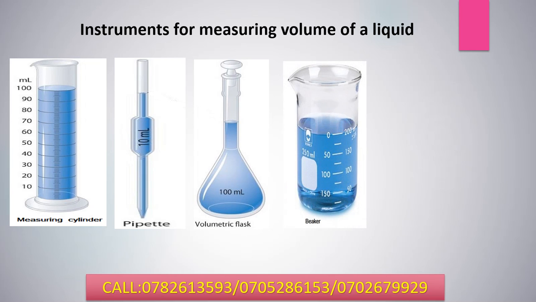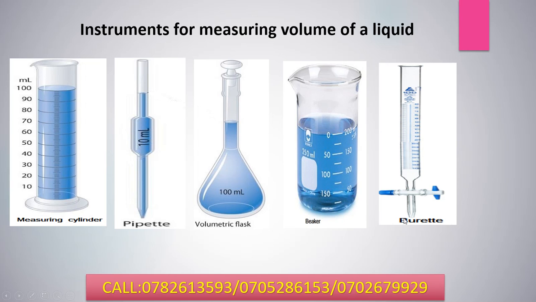You can have a beaker. A beaker also measures volume of liquid. I'm sure you have seen a beaker, either plastic or glass, as long as it is calibrated, marked. It's calibrated from here 50, 100, 150 milliliters or cubic centimeters.